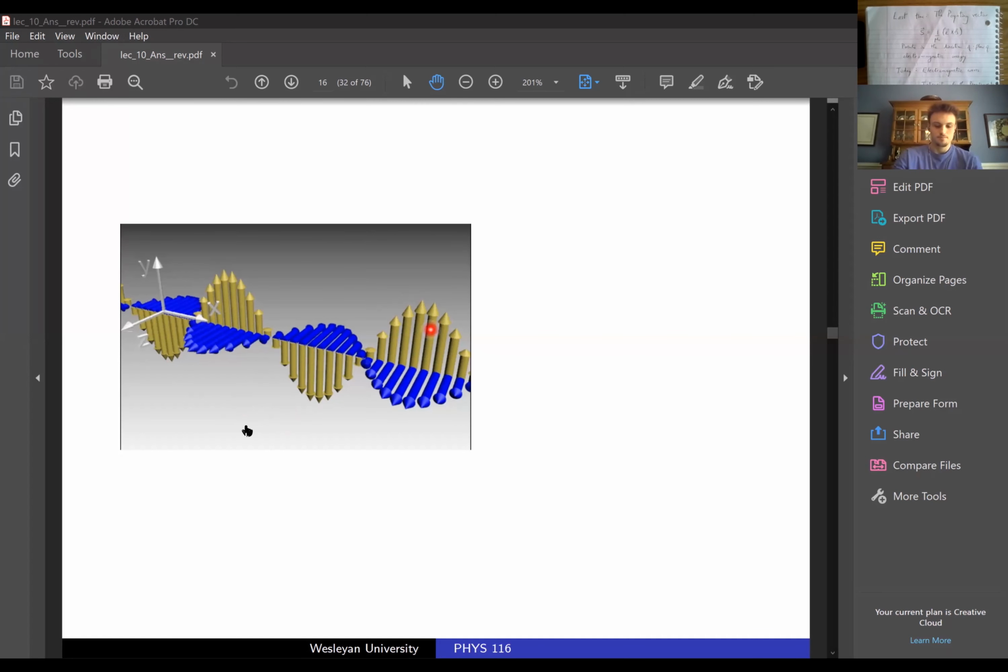Let's notice a couple of things. Here the gold vectors represent the electric field, and the blue vectors represent the magnetic field.